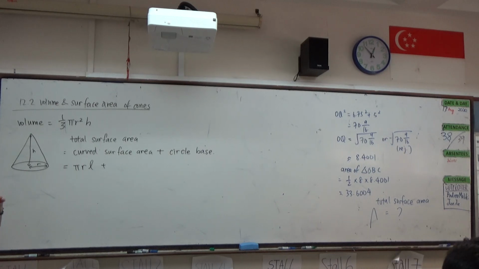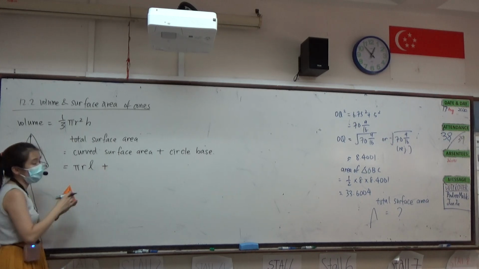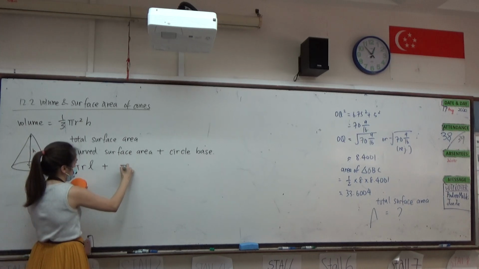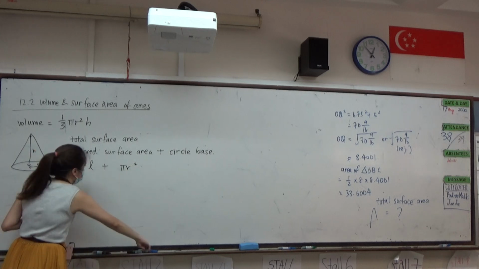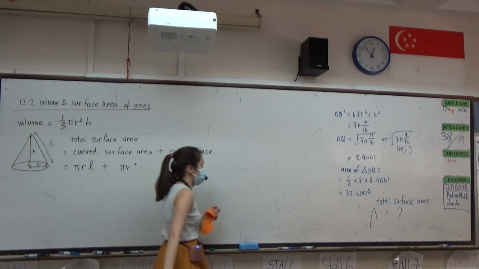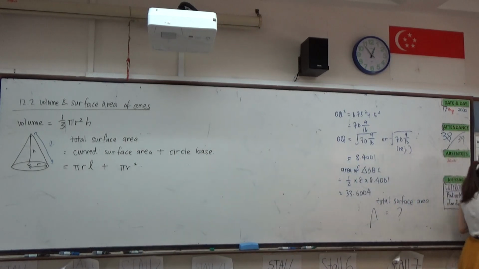Maybe I'll find a video and upload it onto Google Classroom. Then after that, the circle base. Of course we know it is pi r squared. So what is l? l is the slant height.